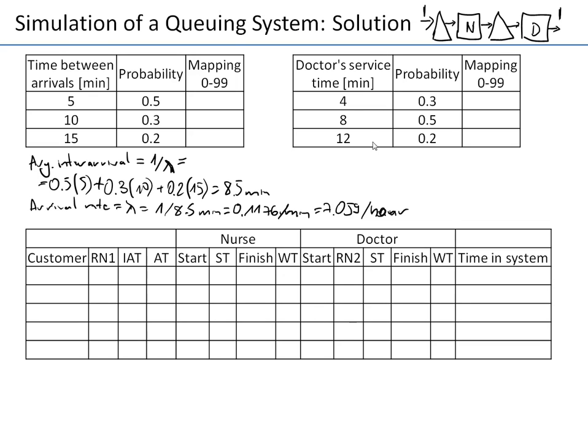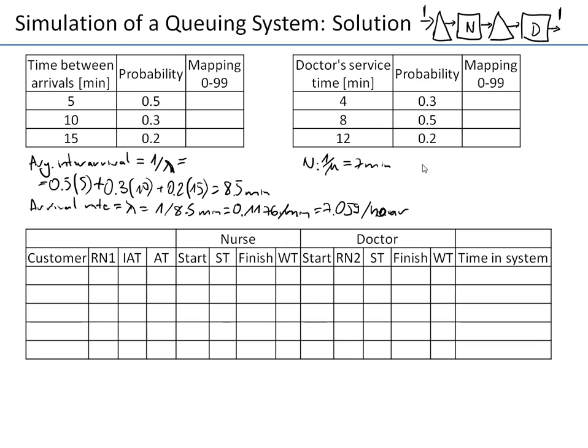And the same thing we can try to see what's happening here at the doctor's service time. As far as the nurse, we know how long the service takes for the nurse. For the nurse, mu, or actually 1 over mu, average service time for the nurse is 7 minutes.